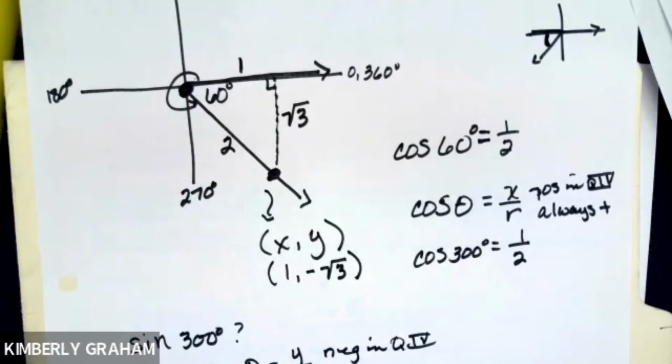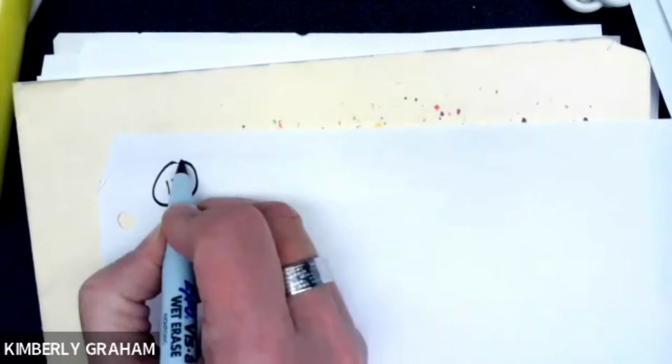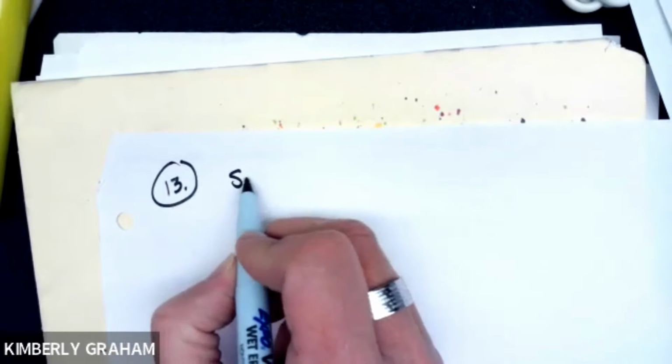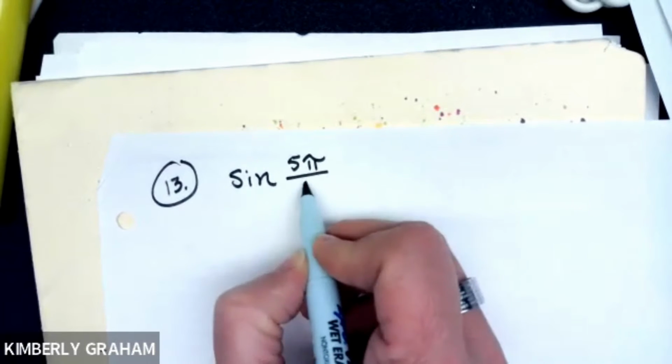I want to go on to problem 13, where we are. Problem 13. I have sine of 5 pi over 3.